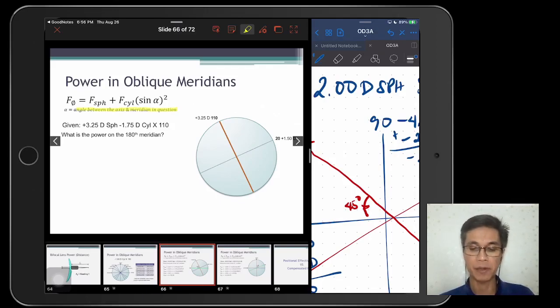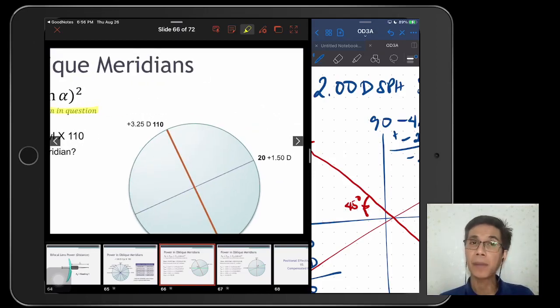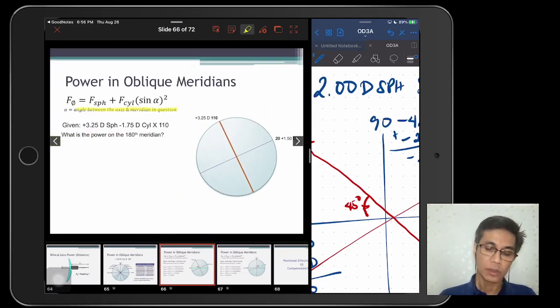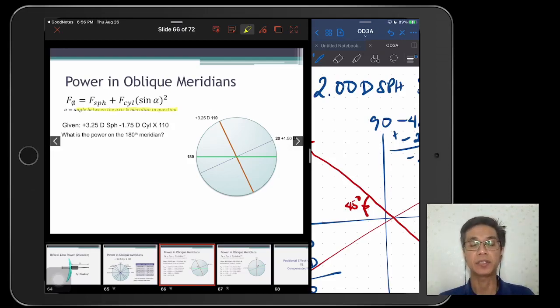Yan yung dalawang principal meridians natin. Wala tayong problema sa pagkuha ng power on the two principal meridians. Yun nga lang, we're being asked to get the power on the 180th meridian. So, 180th ngayon yung meridian in question sa atin.